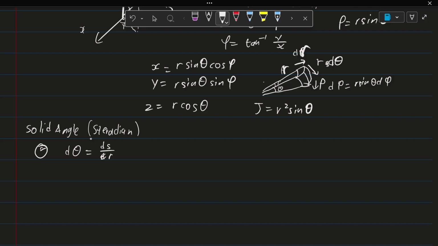But this usage is not really general. For arbitrary loops, what you could state is that d theta is going to be ds over r cosine gamma. This gamma corresponds to the difference in angle between the tangent and the r vector, or you could explain it by using normal vectors.